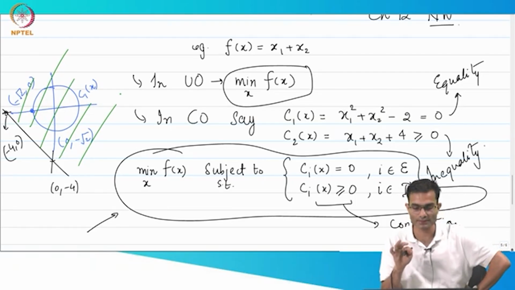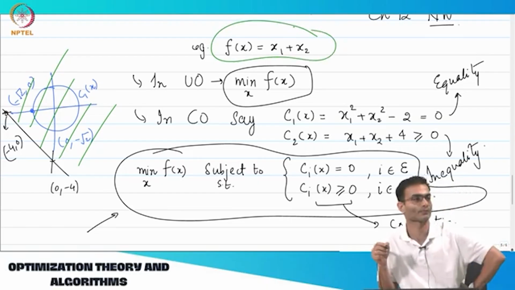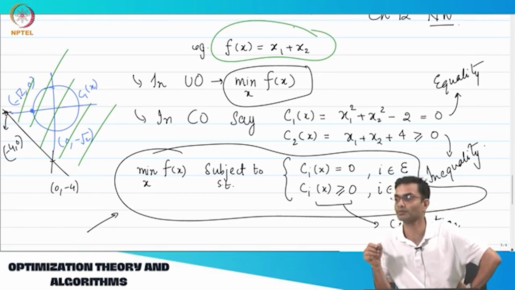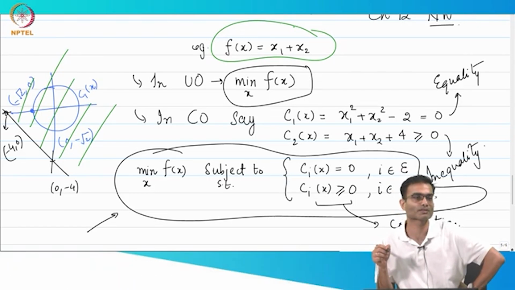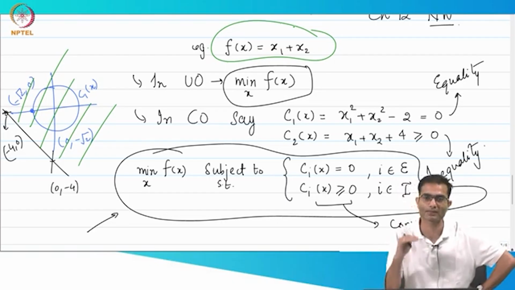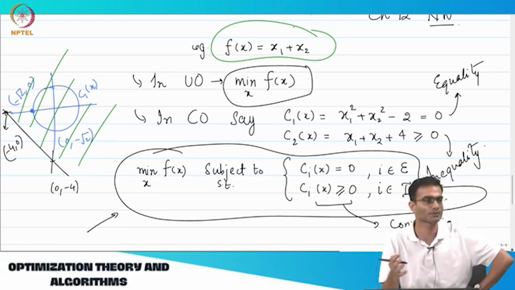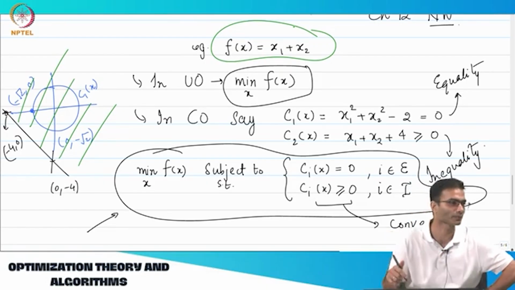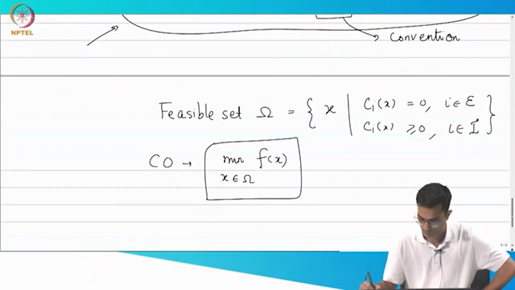Now on this feasible set, does it make sense for me to ask this question? Optimize f of x equal to x1 plus x2. It makes sense because the answer need not be minus infinity, right. So even for such a simple problem, the moment I start adding constraints, they will begin to have solutions, which in the unconstrained world just didn't make sense.